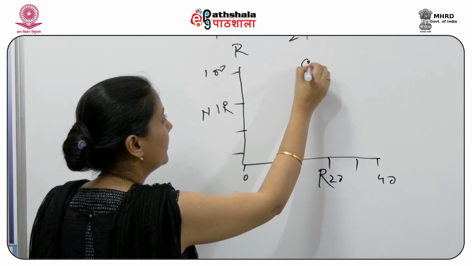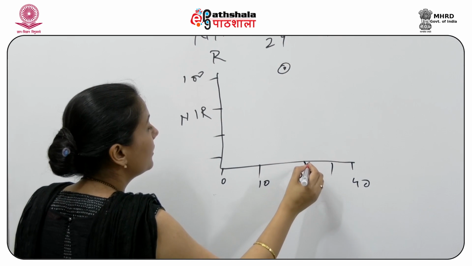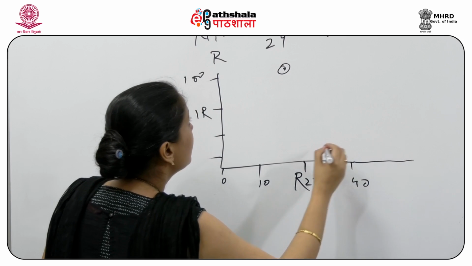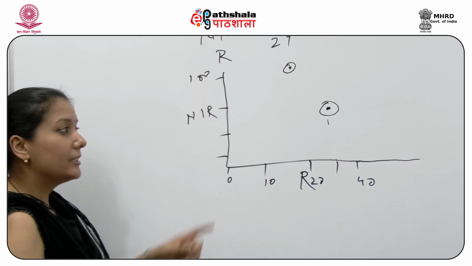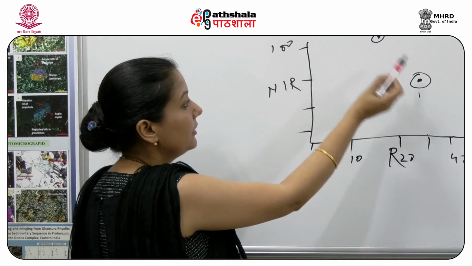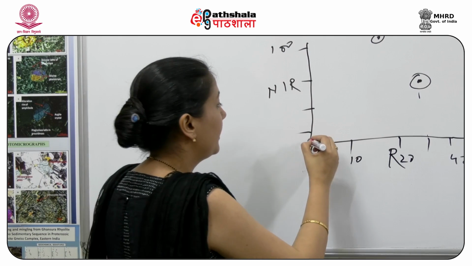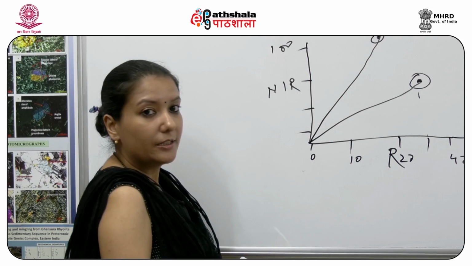This is your one vector here, and this second vector would be around somewhere 60 and 30. So it would be somewhere here. So this is the pixel value for the same vector, but what is happening here? The values have changed between T1 and T2 in both of the values. So this is your vector here.